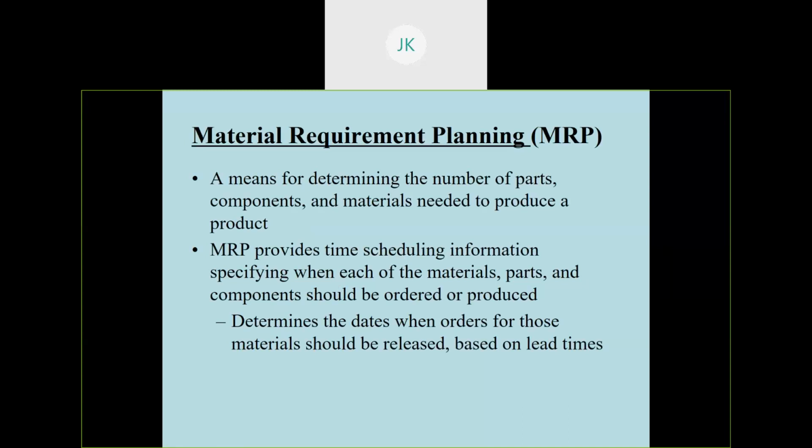If we have a production plan, then we determine how many parts, and when we need the parts, using this MRP system. The MRP system provides time scheduling information: when we need the part and how many. So using this MRP system, we can plan a production plan.